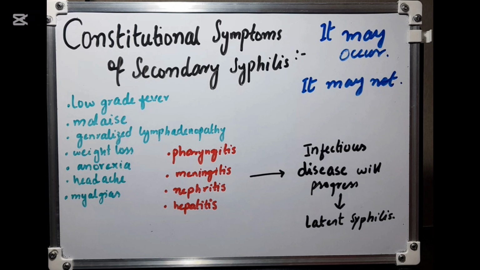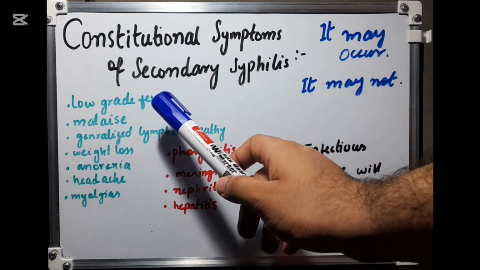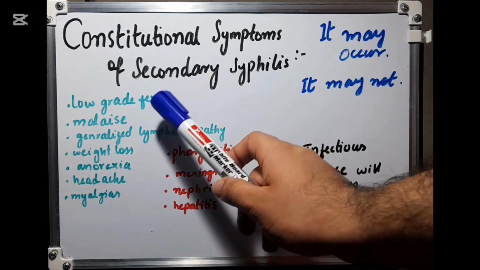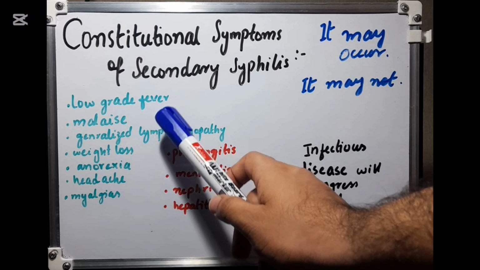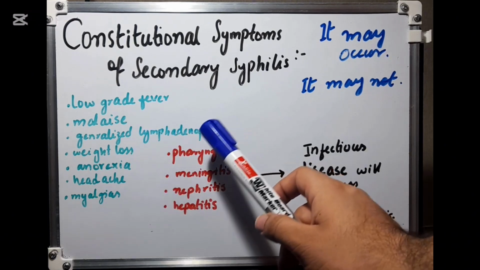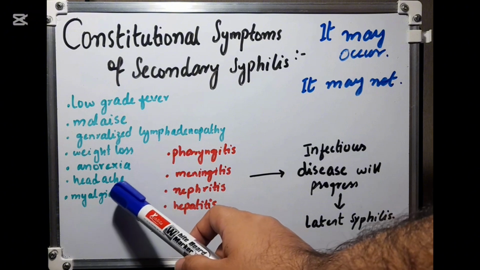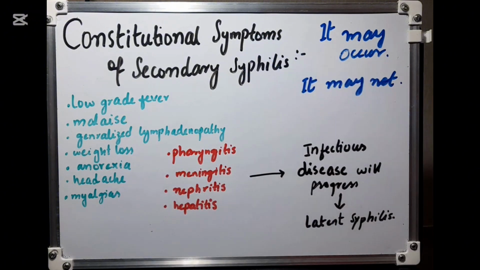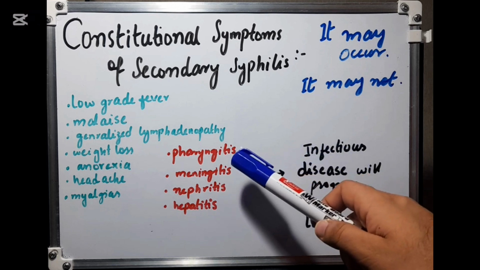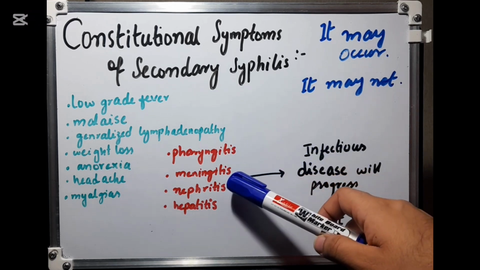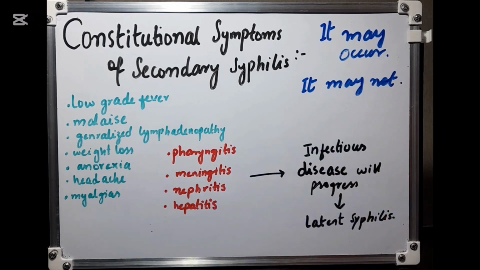The constitutional symptoms include low-grade fever, malaise, generalized lymphadenopathy, weight loss, anorexia, headaches and myalgias, along with pharyngitis, meningitis, nephritis and hepatitis.